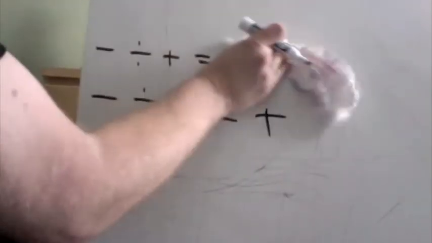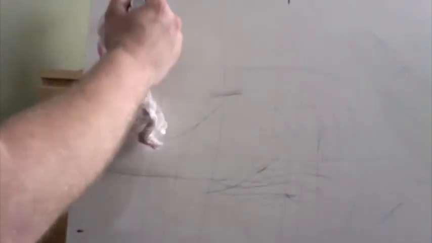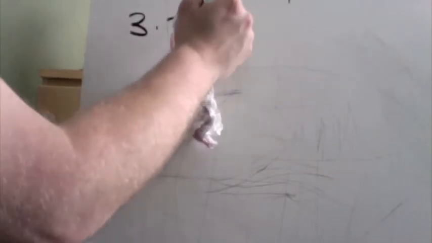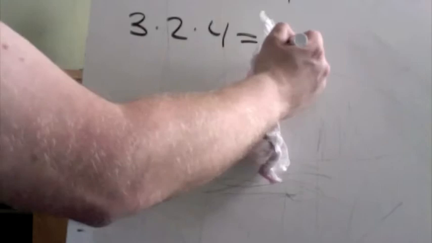Okay? Now where this gets really interesting is if you have more than just 2. So say you've got a positive times positive times positive. Guess what? End result's positive. So say you've got 3 times 2 times 4. 3 times 2 is 6. 6 times 4 is 24, right?